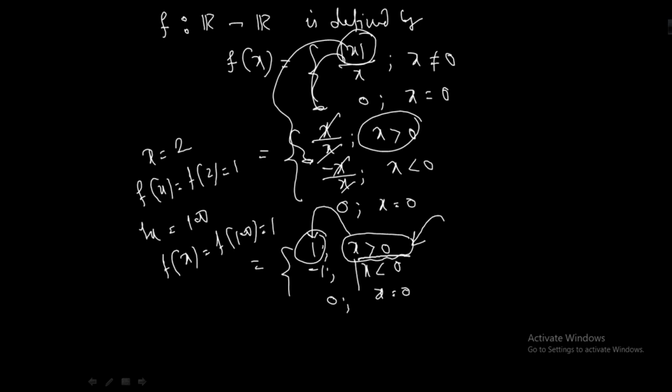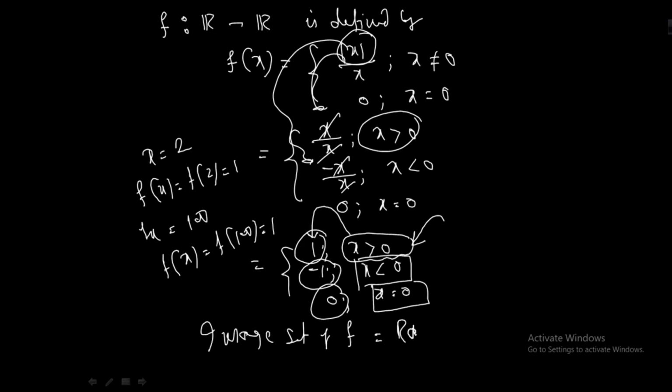Similarly, for all negative values of x, the image is -1. And for x equal to 0, the image is 0. That means the image set of f, which is known as range of f, consists of 3 elements only, which are 1, -1, and 0.